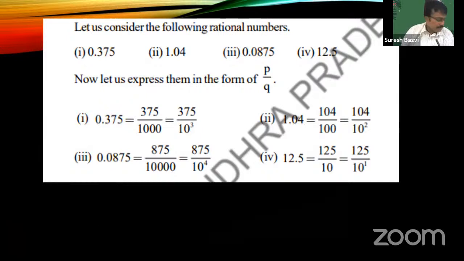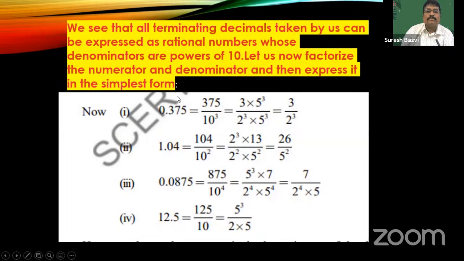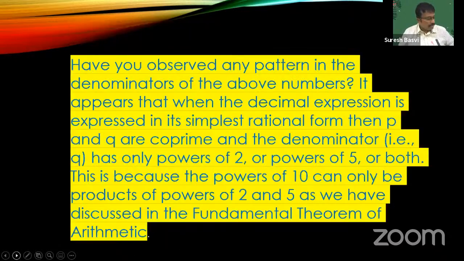Am I right? Next, we see that all denominators are in the form of 2 power n into 5 power m. So now it is visible to you. I think it is visible to you.